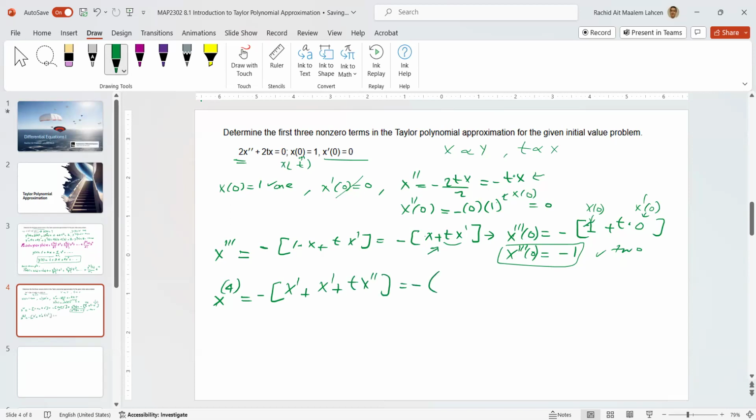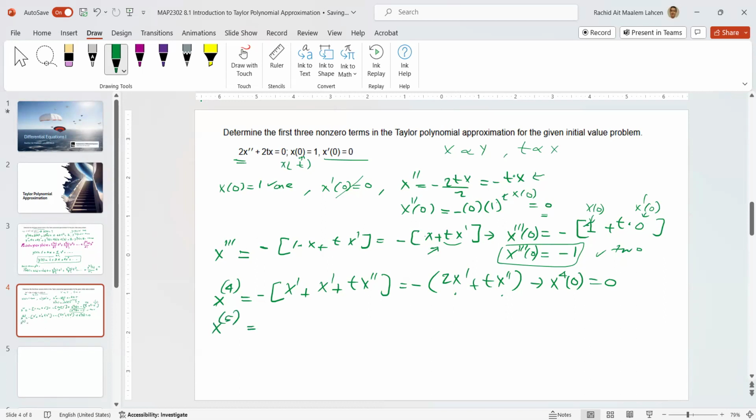So negative 2x prime plus t times x double prime. All right, we're ready to figure out the value of the fourth derivative at 0. x prime of 0 is 0, and x double prime of 0, we found here to be 0. So this is 0, so that's not useful. All right, keep going.